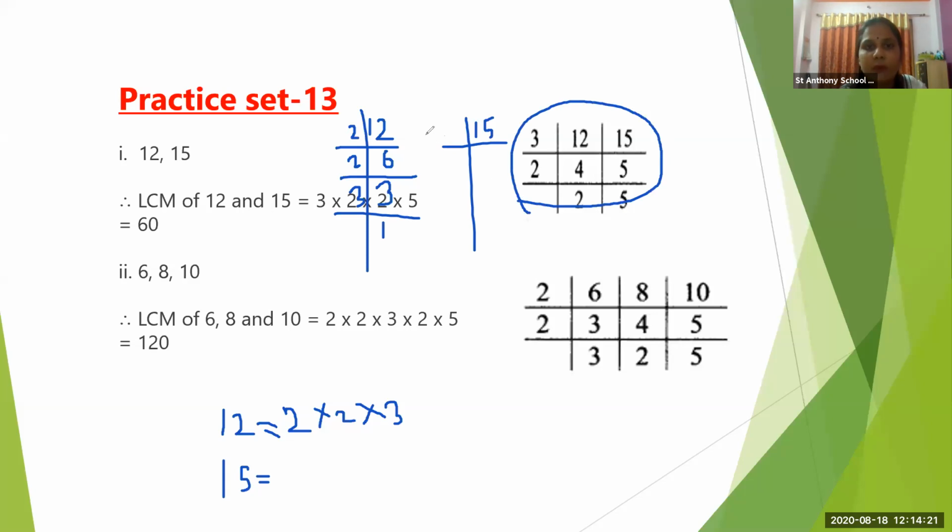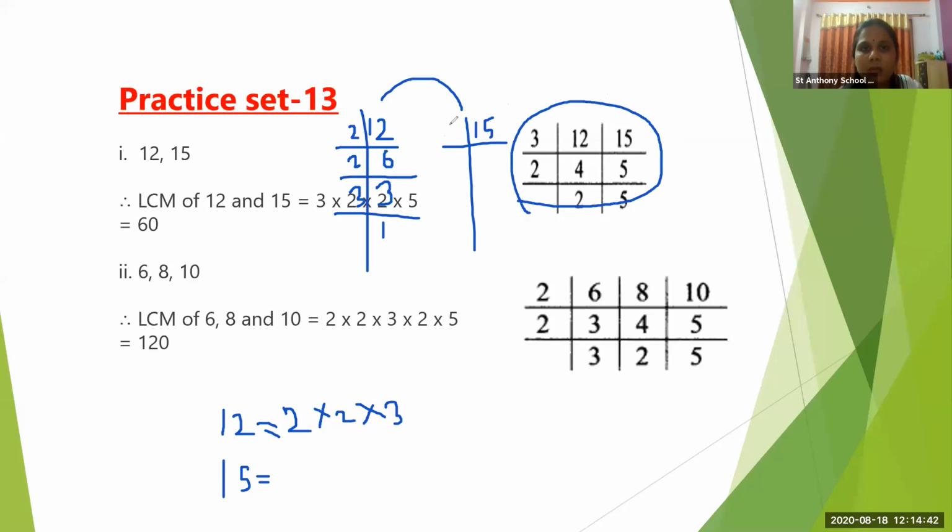And if you want to find HCF, then take it separately. Clear, everyone? This is my advice, that if you want to find HCF, then take 12 and 15 separately, factorize them, and then write down the factors. And if you want to find LCM, then take it as common.